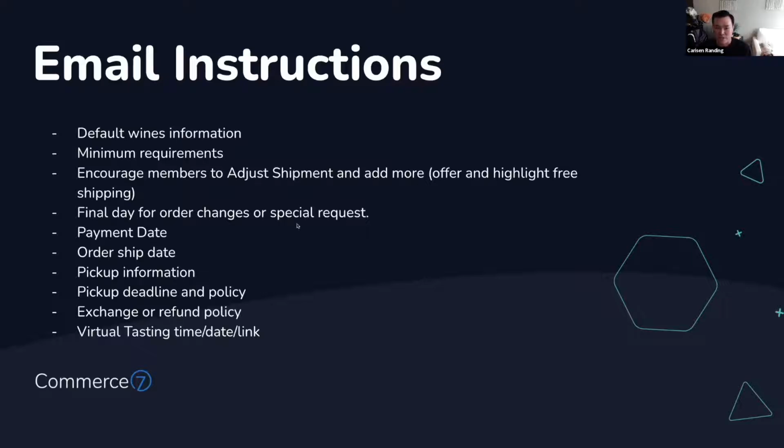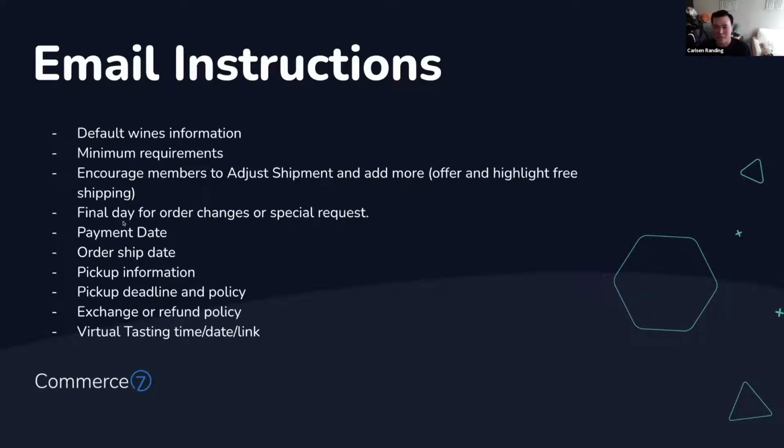Final day for order changes and special requests. I've seen this implemented for, I think, larger clubs. Technically, you can make changes all the way up to the process date. But this is a good way for you to add a buffer to say that the final day for changes, address changes, special requests is this deadline.